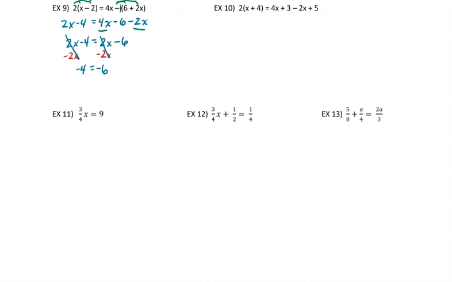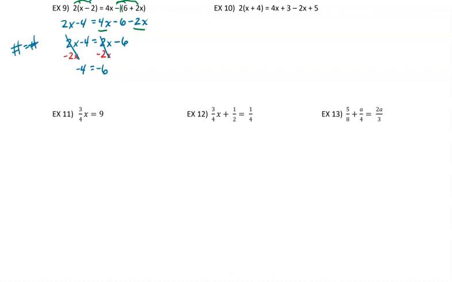All right, so as soon as you ever get down to a number equals another number, whenever all the x's go away, what you need to ask yourself is if this is a true statement or a false statement, right?